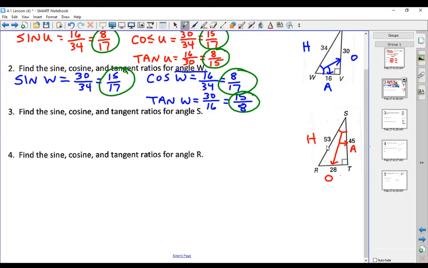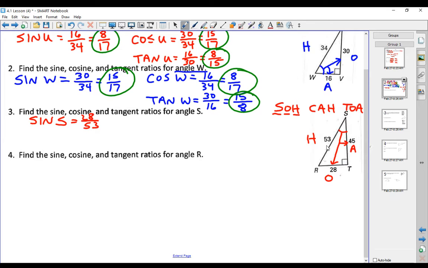All right, so if I want to find the sine of angle S, let's do SOHCAHTOA again. The sine is the opposite over the hypotenuse. So the opposite is 28, the hypotenuse is 53, and that will not reduce.